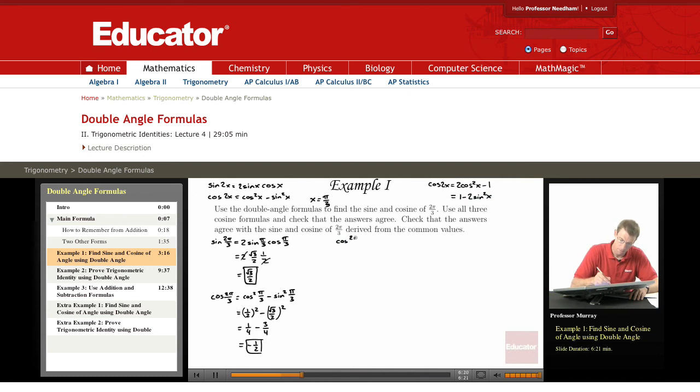So cosine of 2 pi over 3, using those other formulas, is equal to 2 cosine squared of pi over 3 minus 1. Now cosine of pi over 3, that's a common value, 1/2. 1/2 squared is 1/4, 2 times 1/4 minus 1 is 1/2 minus 1, which is negative 1/2.